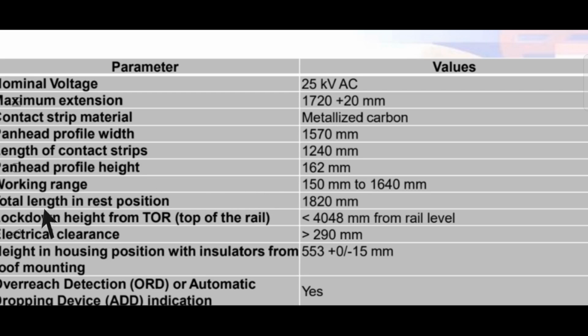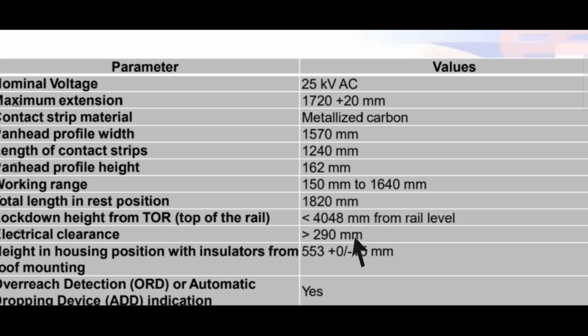Working range and total length in the rest position are not required. Electrical clearance: greater than 290 mm. This point is also important. First of all, electrical clearance of which equipment are we talking about?